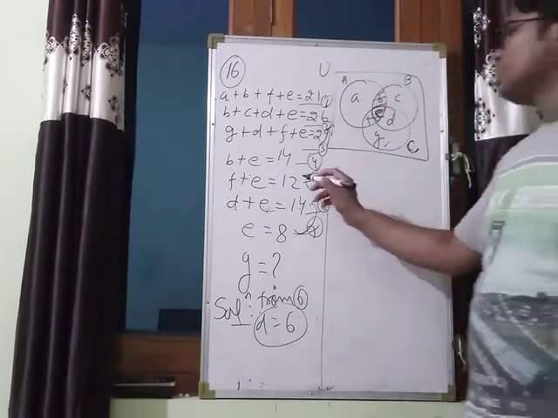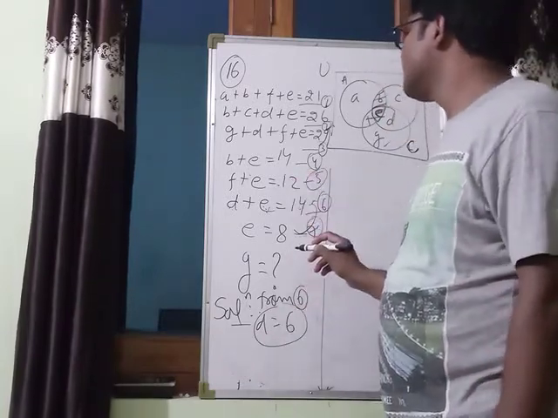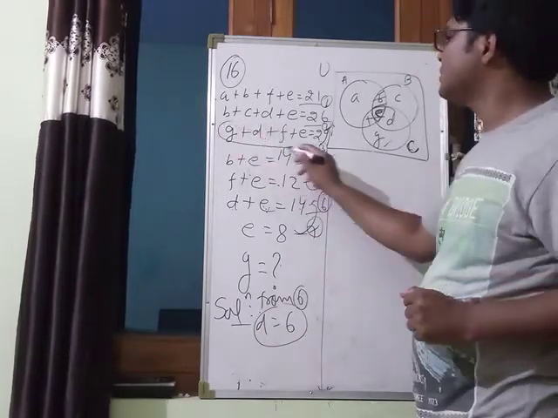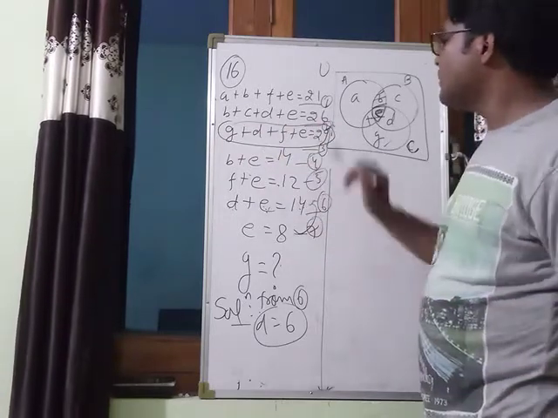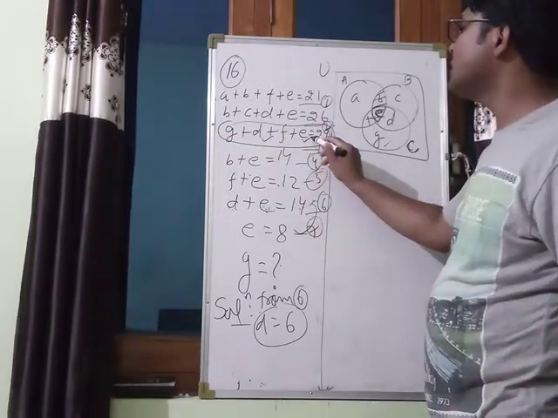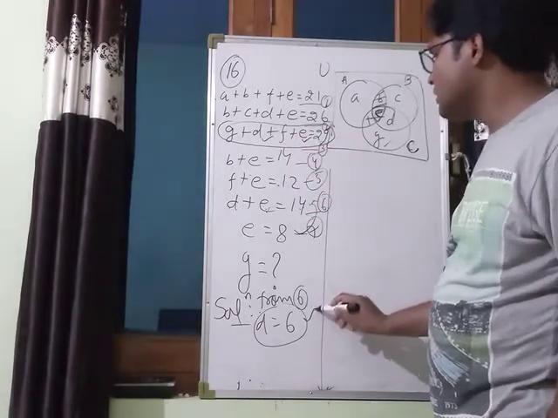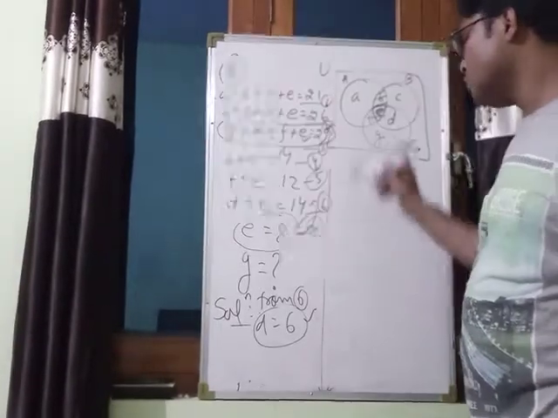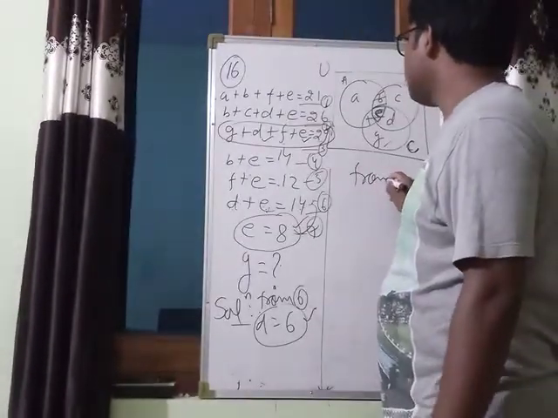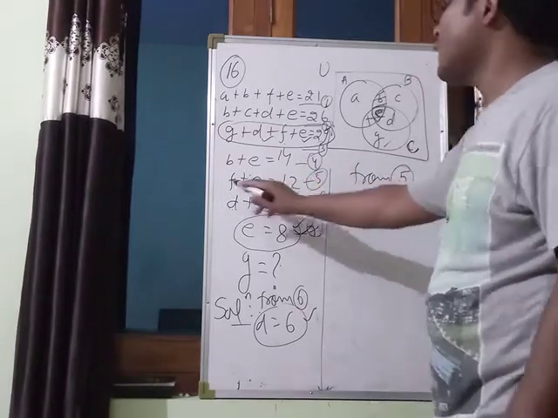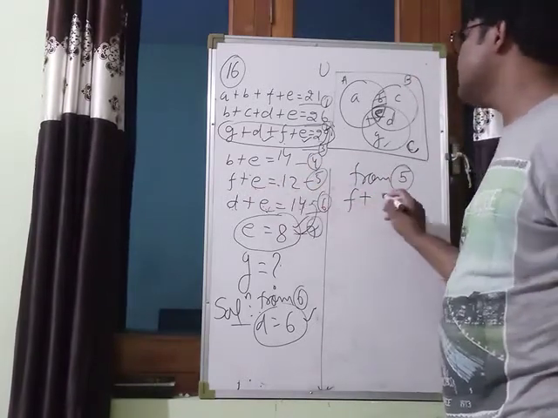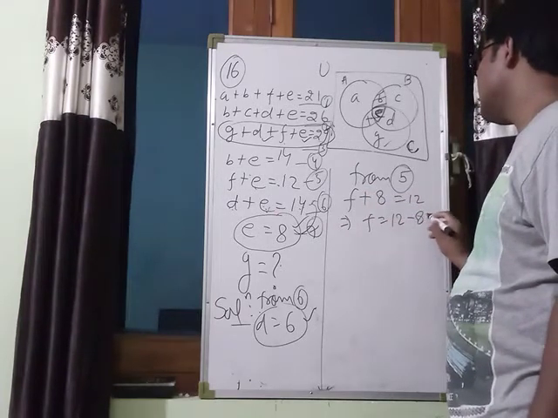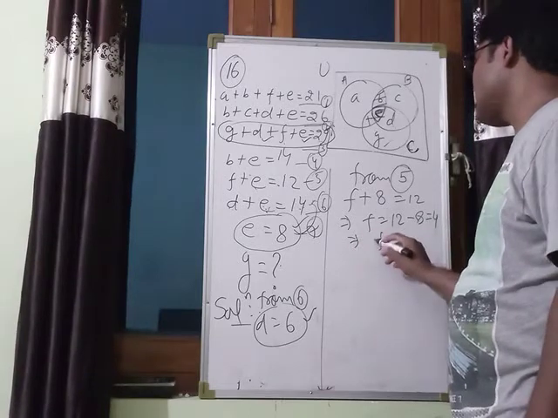We need to find G, and for that we need D, E and F. We have D, and we already have E. We want F. From the fifth, F plus E, and E is 8, that is 12. Then F is equal to 12 minus 8, that is 4. So F is 4.